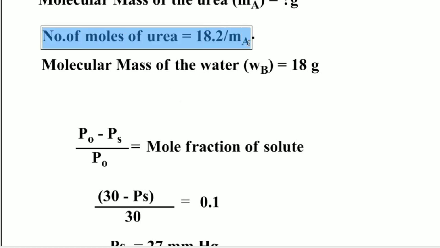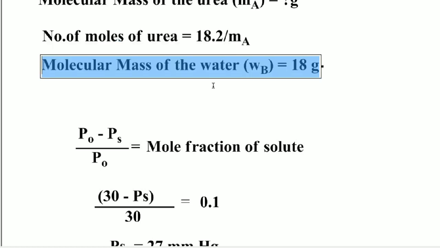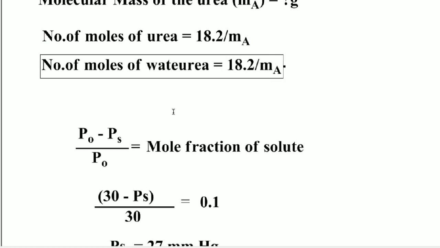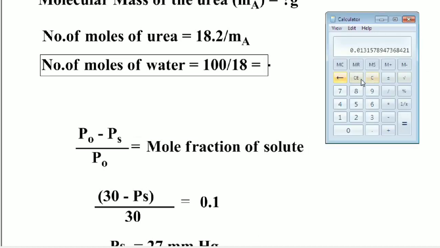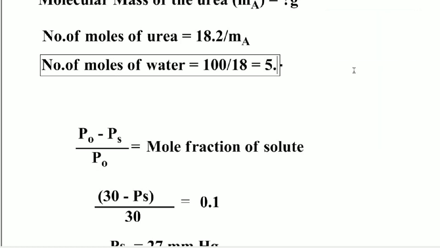Similarly, number of moles of water or solvent is equal to weight by molecular weight. Weight of the water is 100 grams and the molecular mass of water is 18 grams. So 100 divided by 18 gives 5.55.